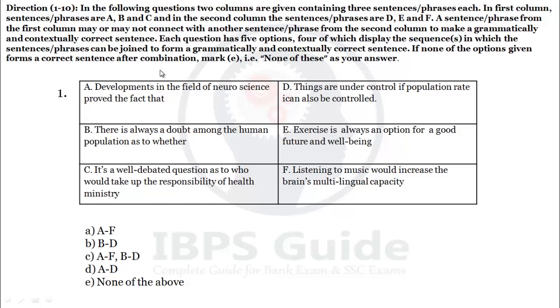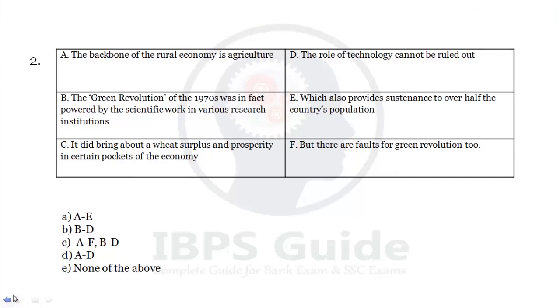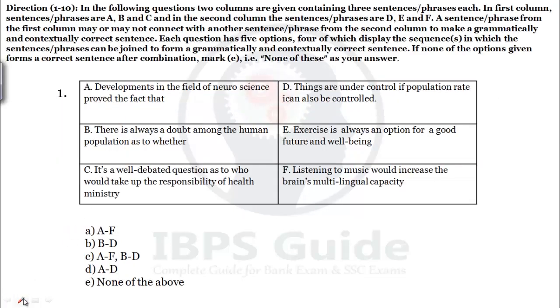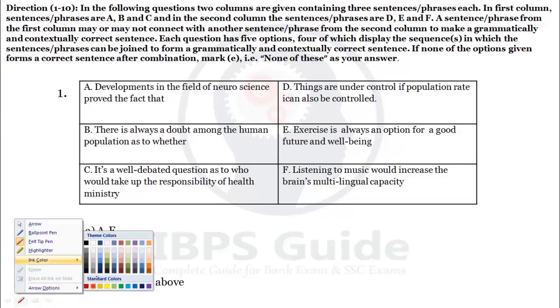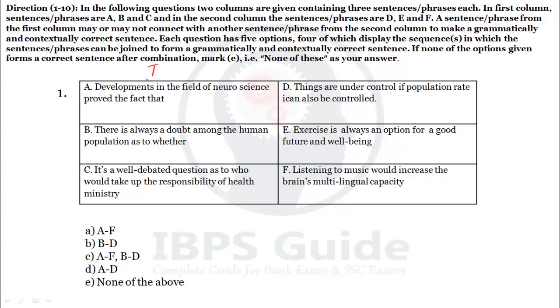First question. We can write in this manner: this is column number 1 and this is column number 2. In our first column, developments in the field of neuroscience proved the fact that. Guys, one thing you have to remember: that is a connector, called a conjunction of result.